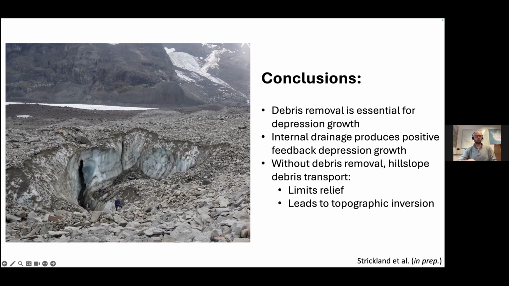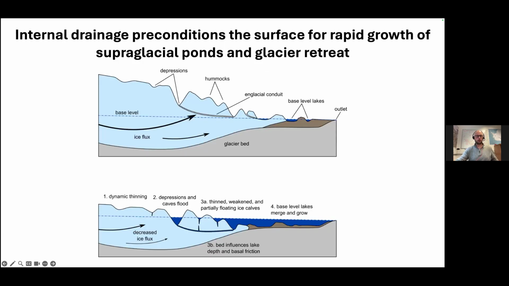So from all of this work that I've shown you, I think we have a more clear picture of how topography develops on debris covered glaciers and how ponds can develop. And that's what I've tried to illustrate here in this cartoon.